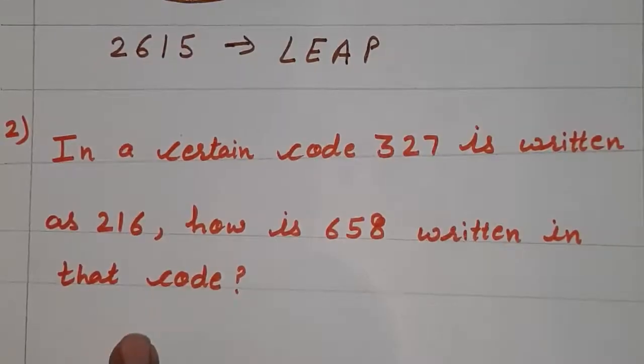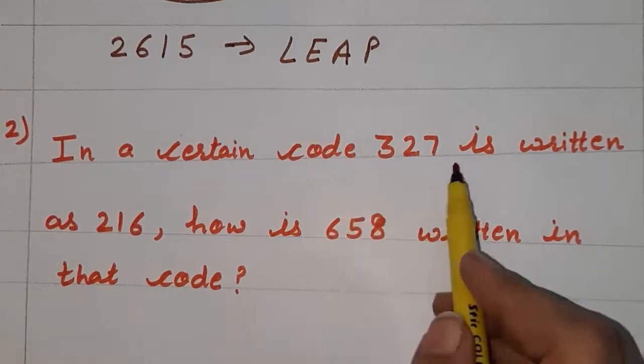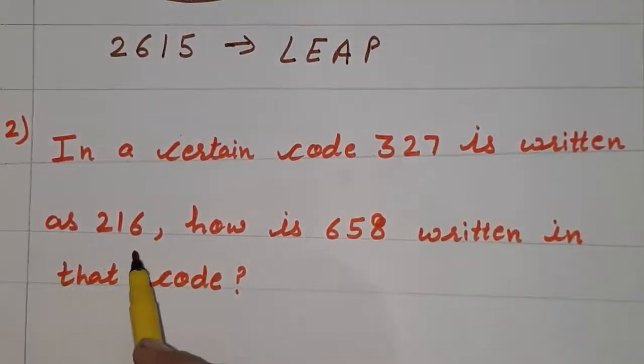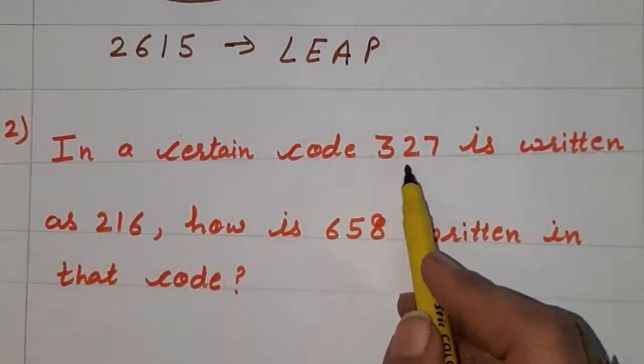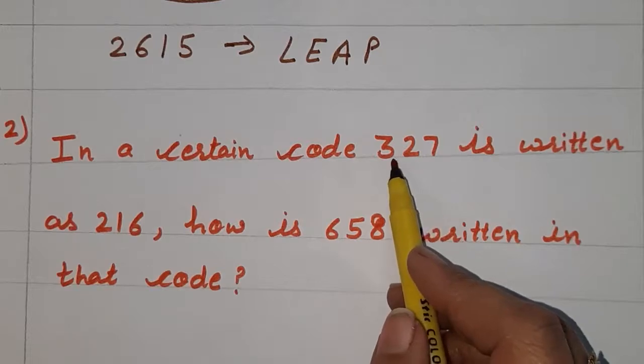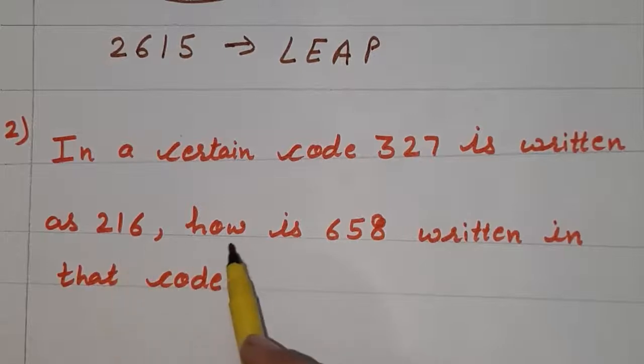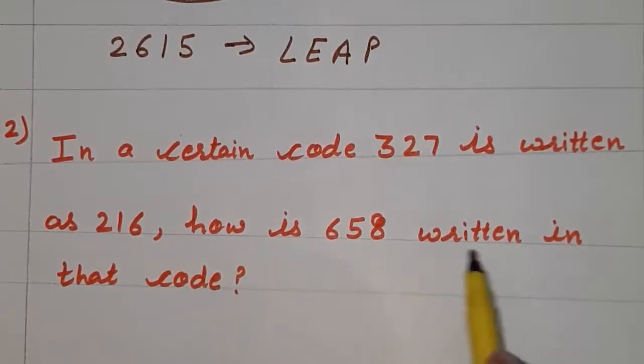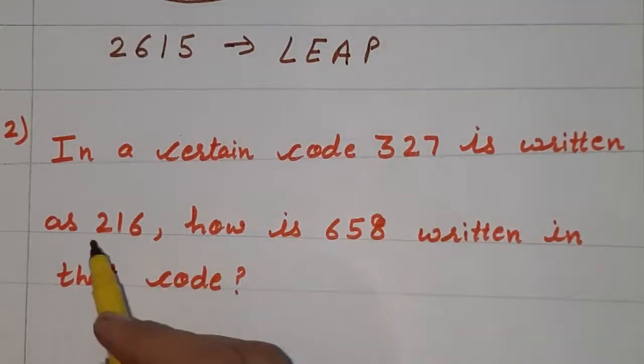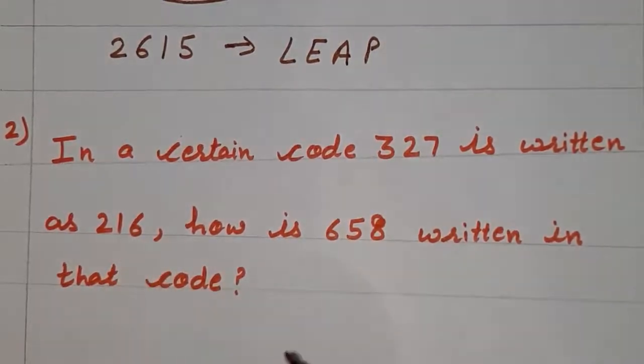Now the second example is: in a certain code, 327 is written as 216. Now coding is done of the number with the number only. How is 658 written in that code? 327 is written as 216.